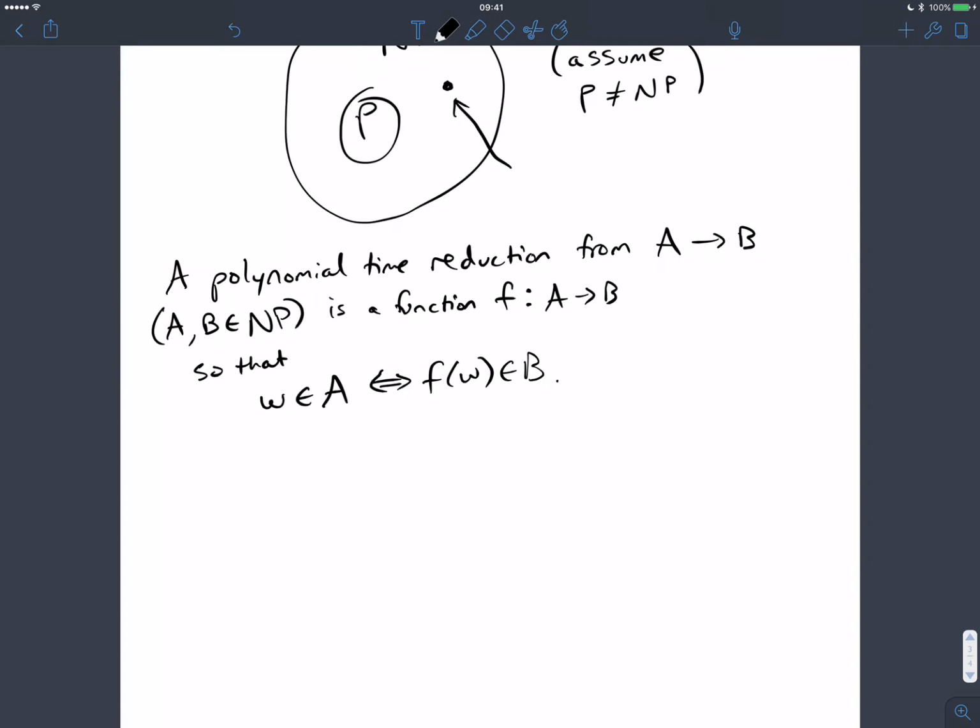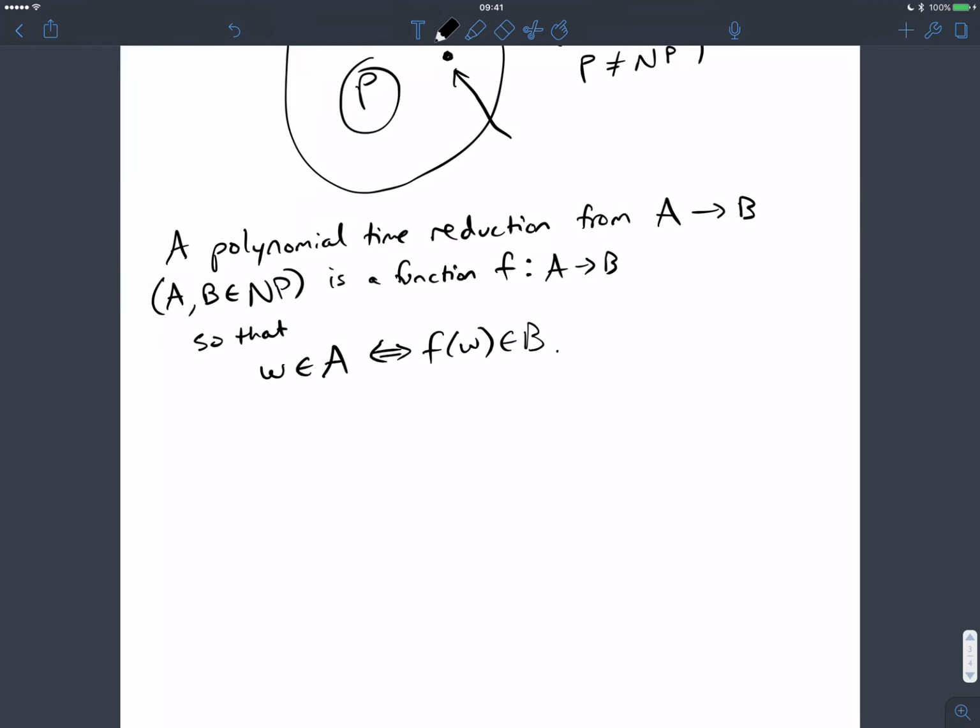But what we want here is not only for this function to not take too long to run, in polynomial time, but we want the answer to be the same. So if W really was in A, f of W really had better be in B. And if W was not in A before, f of W had better not be in B either. This is called answer preserving. The answer is the same on both sides.